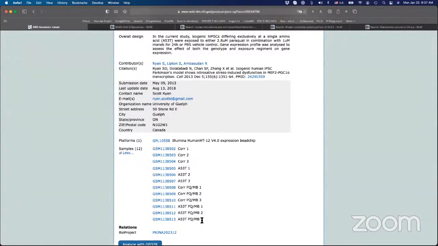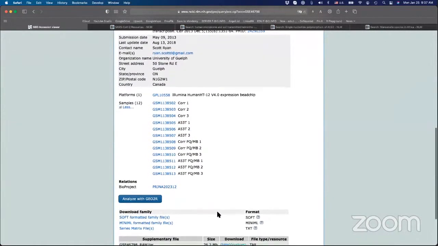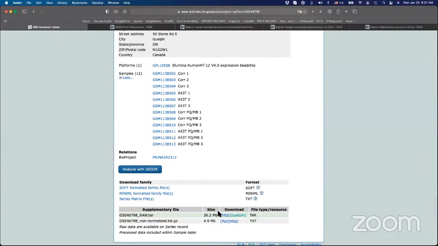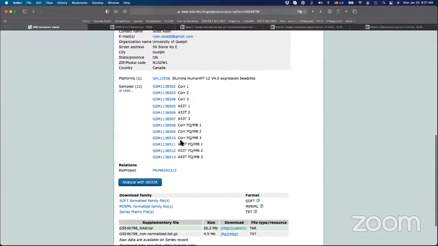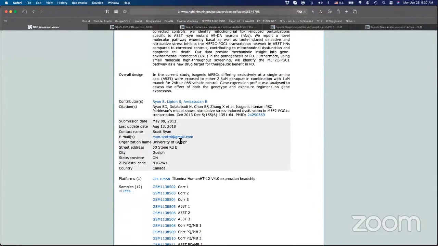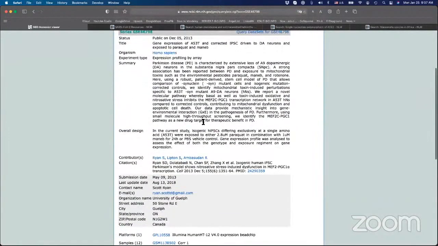So if I was to start looking through the data sets, I would need to structure the data in such a way that I can ask questions by, for example, making a contrast between one group and another group, or maybe through classification where I can identify different features that are specific, that are unique to a particular condition. So it looks like if I'm interested in finding a data set to start asking questions about some particular drug or a pathway for a new drug target, this would be a good data set to start.